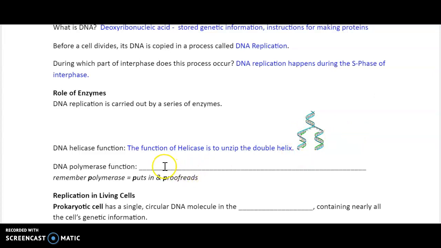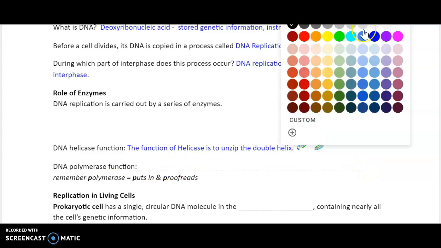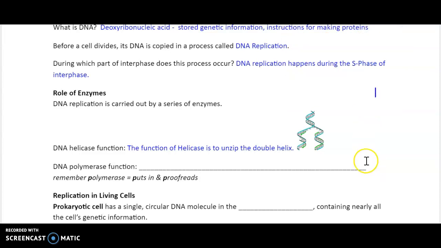DNA polymerase is actually going to put those bases into place, and it's going to proofread and make sure they're in there correctly. Occasionally errors do happen. Even though we have the polymerase proofreading, errors do happen, and sometimes that can cause problems.